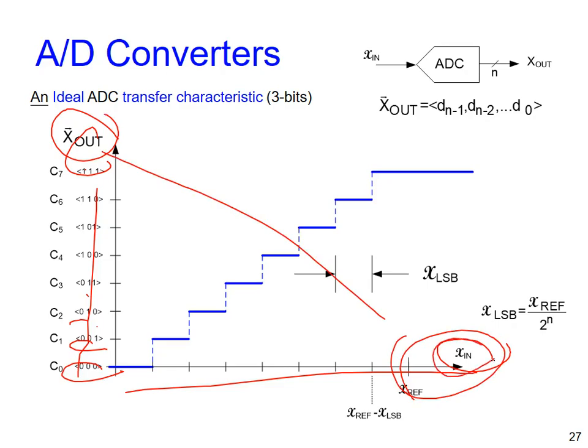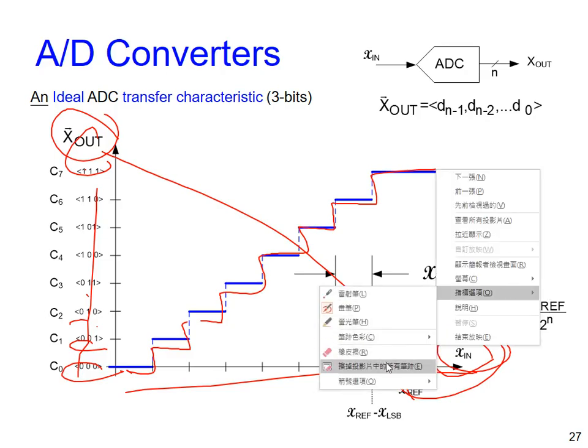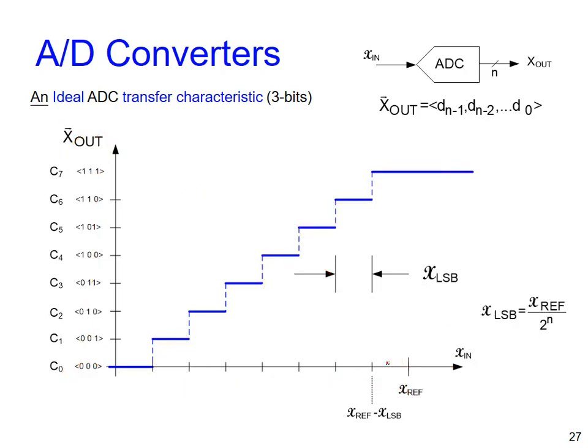And you can see, again, this is some kind of stairwise characteristic curve, 阶梯状的特征曲线. And if it is ideal, you can see each stair looks the same. This, and that. Oh, they are all the same.